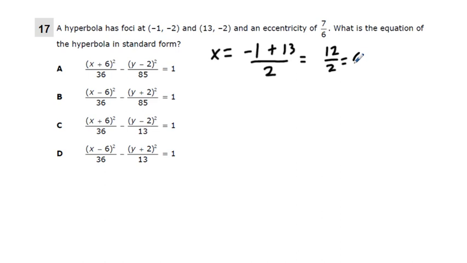Well, and to find the eccentricity, we're going to use a feature in the calculator. There's another formula for it, but let's just use the calculator here. It's getting a bit lazy when you can get a calculator to do these things for you.